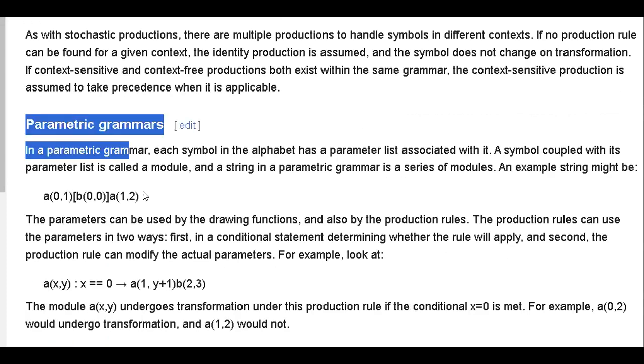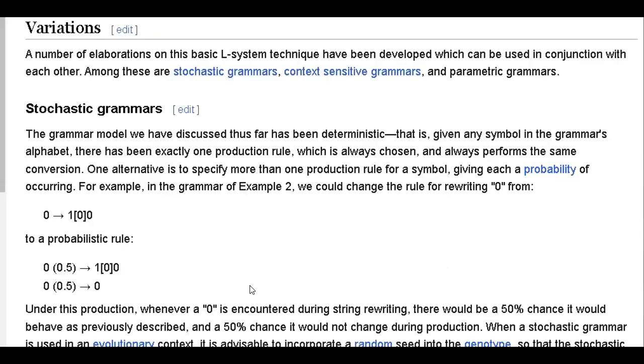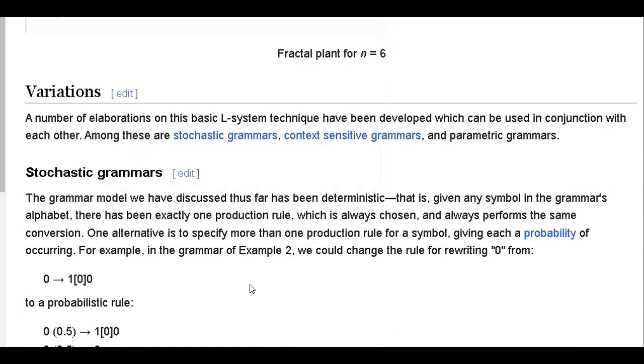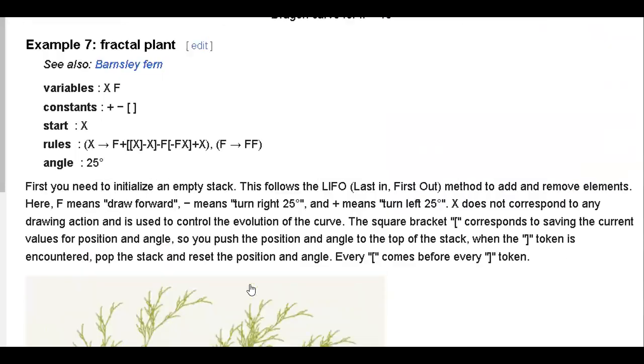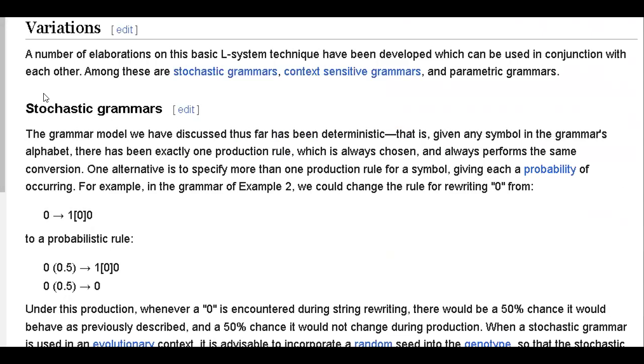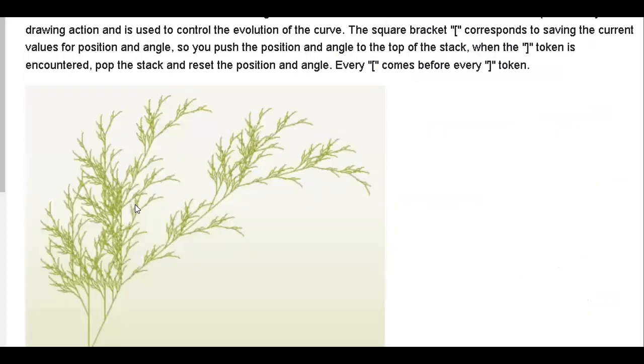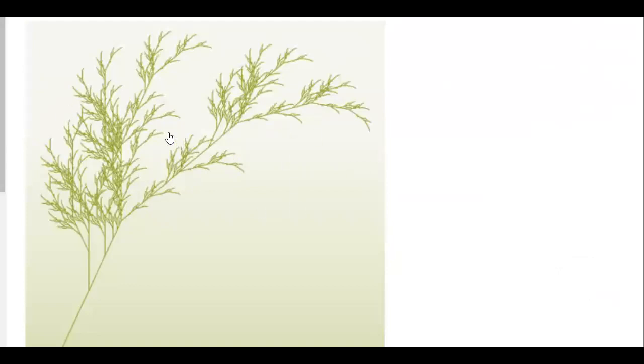But in our session today, tomorrow, and next week, we just focus only on deterministic, not stochastic, grammars. Stochastic grammars, you can definitely define rules with probability, so that you get different structures because there's a probability there.